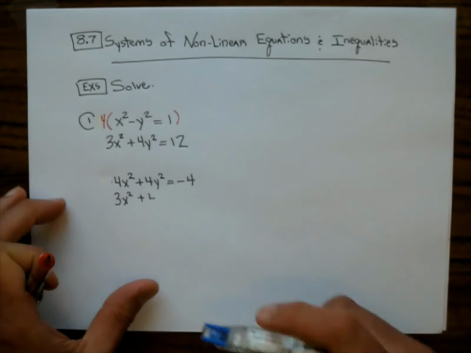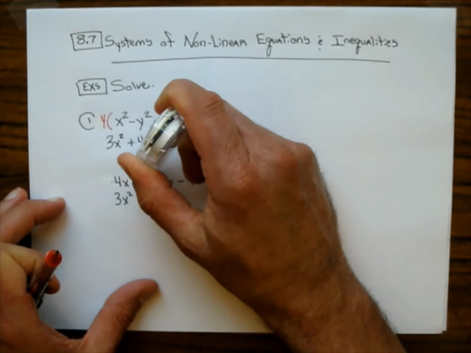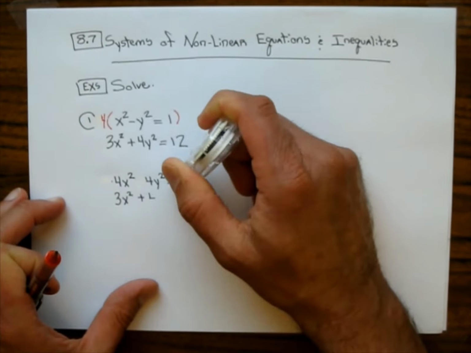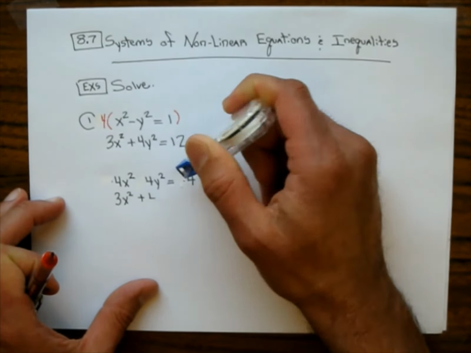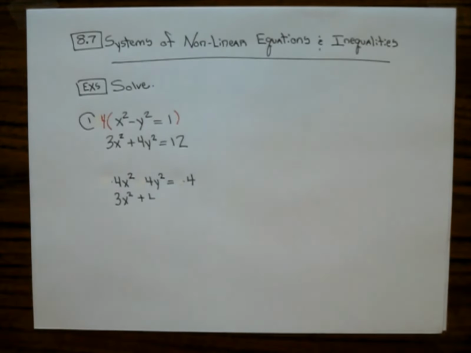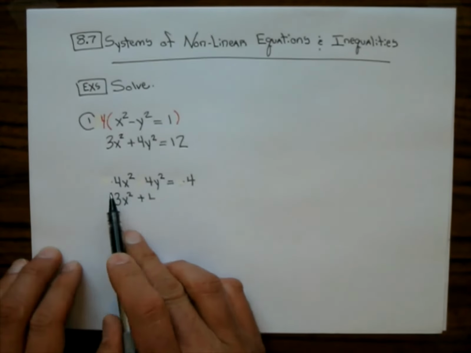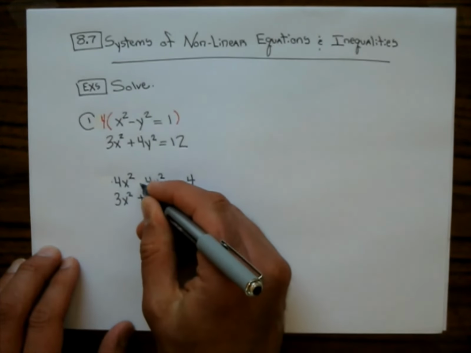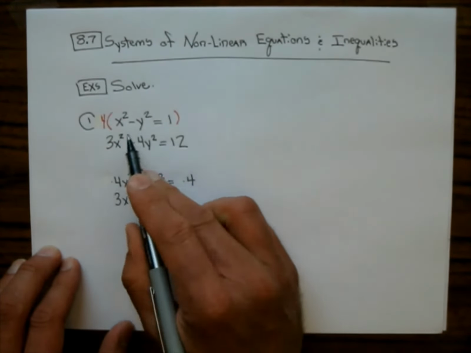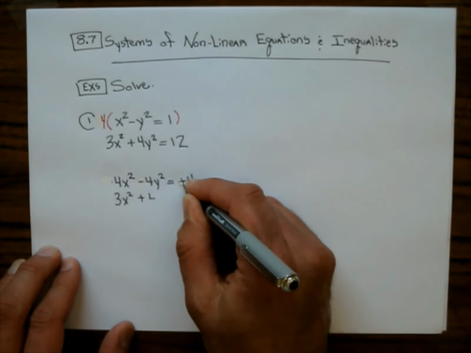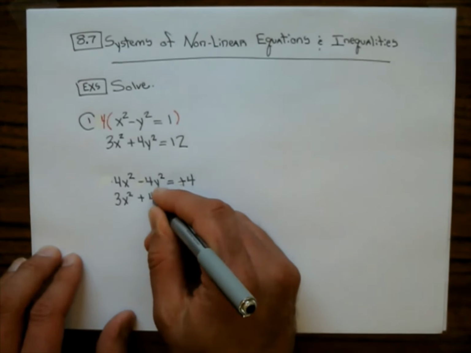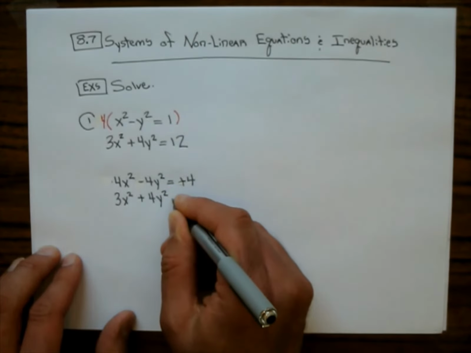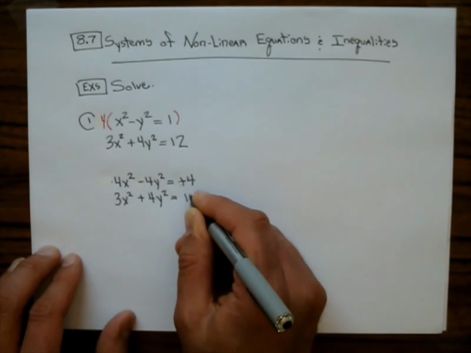And the answer to that question is no. Okay, so I multiply it by 4. So 4x squared minus 4y squared, and then we have this equals a positive 4. It just goes to show you that we all make mistakes.